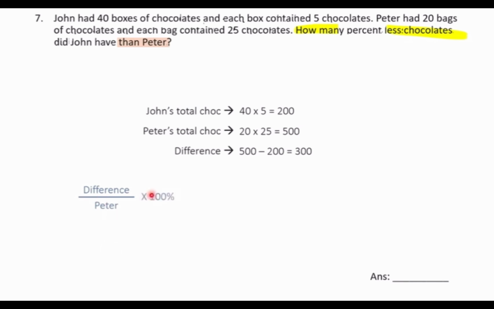Take the fraction times 100%. So which one over which one? 300 is the difference, so 300 over Peter, 300 over 500, times 100%. 60%. Okay, so the answer is 60%.